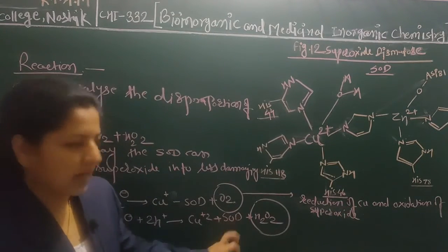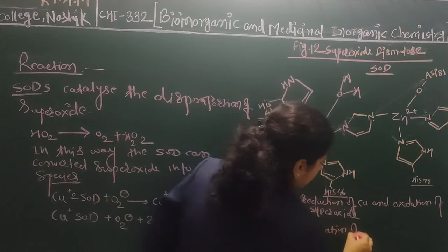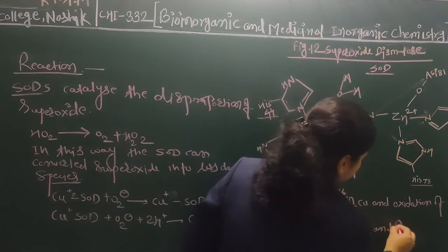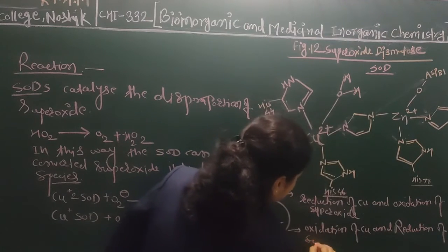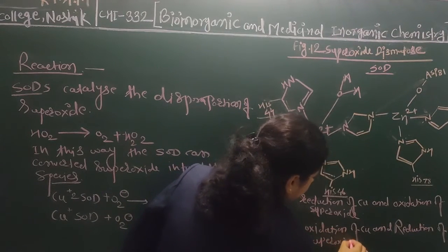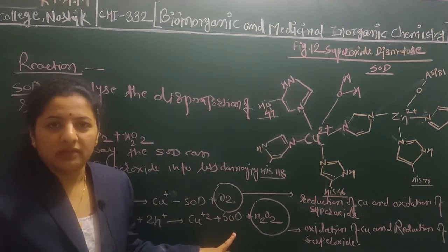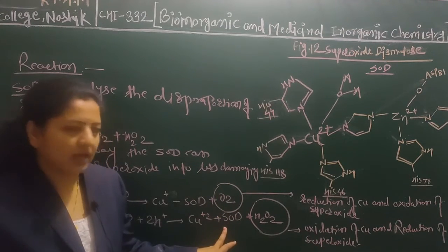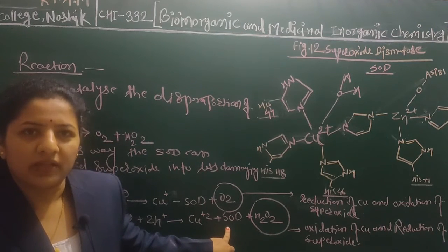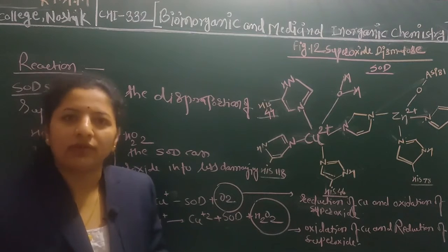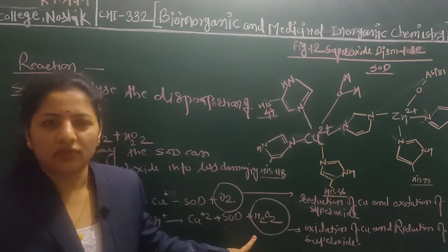And in the second reaction, there is oxidation of copper and reduction of superoxide. So these are the general reactions which are catalyzed by superoxide dismutase. Instead of copper, another metal can be inserted. As we know, the type of superoxide dismutase depends upon the cofactors and the protein fold. So these are the general reactions of superoxide dismutase.